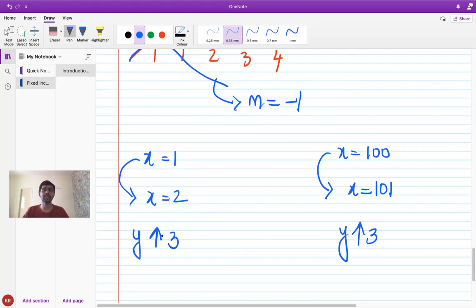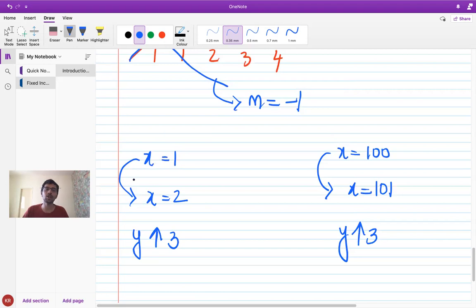The value of y will still increase by 3 units in both the cases, which means that it does not depend on where I'm increasing 1 unit from. Like I said, the definition of slope is: if x increases by 1 unit, how much will y change by? That is the meaning of slope. Now, that slope is going to be independent of the value of x.